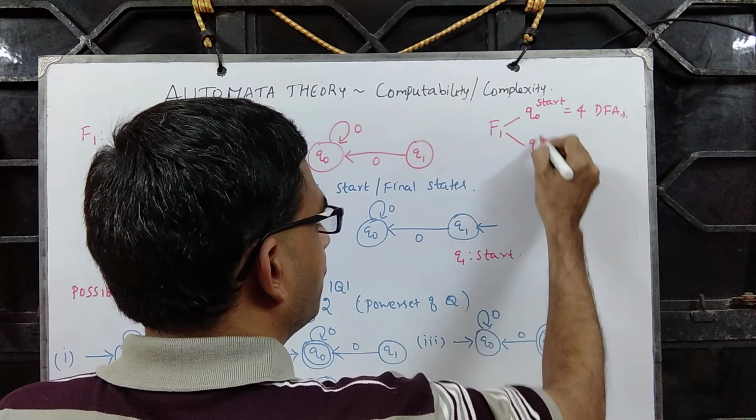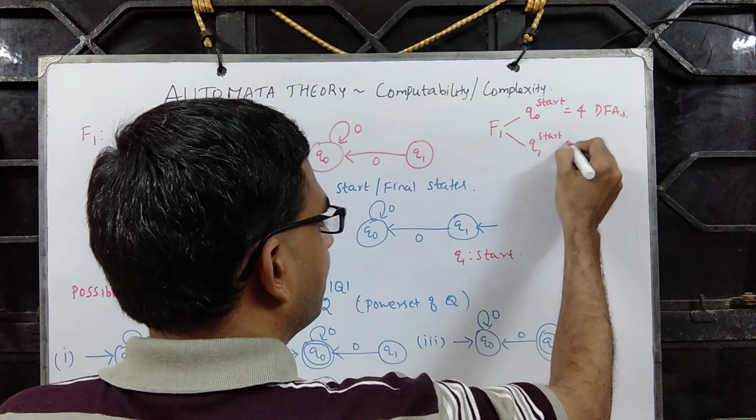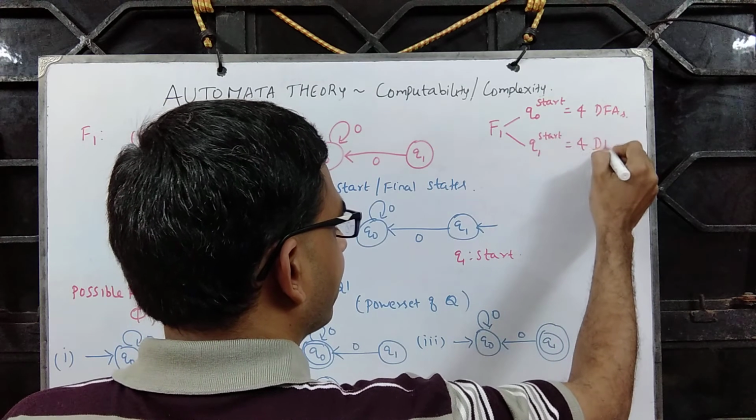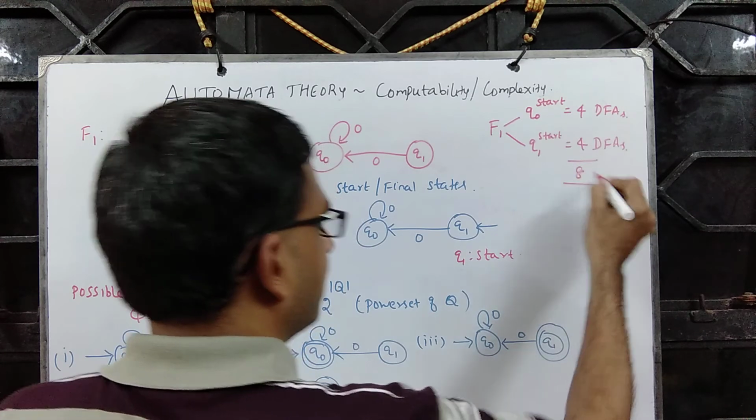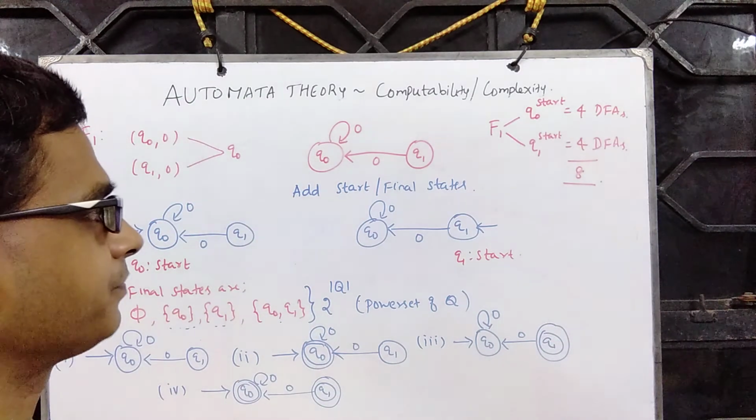And with Q1 as start, we get another 4 DFAs, which means we get 8 DFAs out of this.